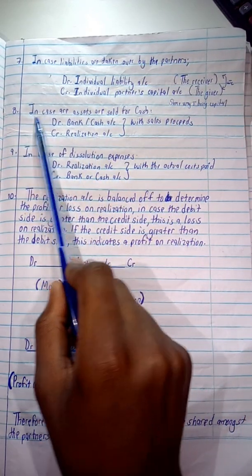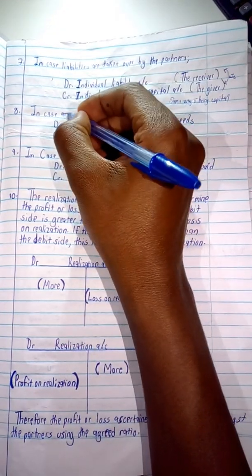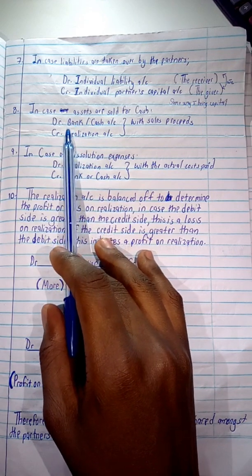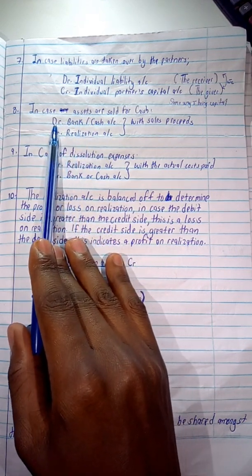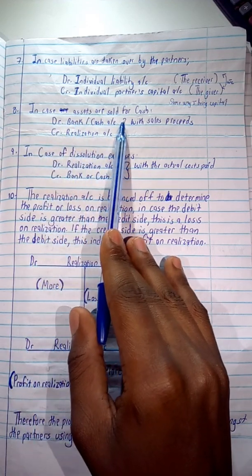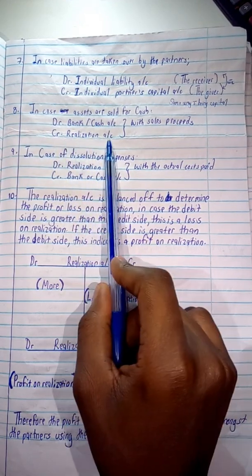So here, in case assets are sold for cash, when they're sold for cash, cash is going to be increasing, meaning it's my asset. I'm going to debit the bank or cash account, and then I credit my realization account.